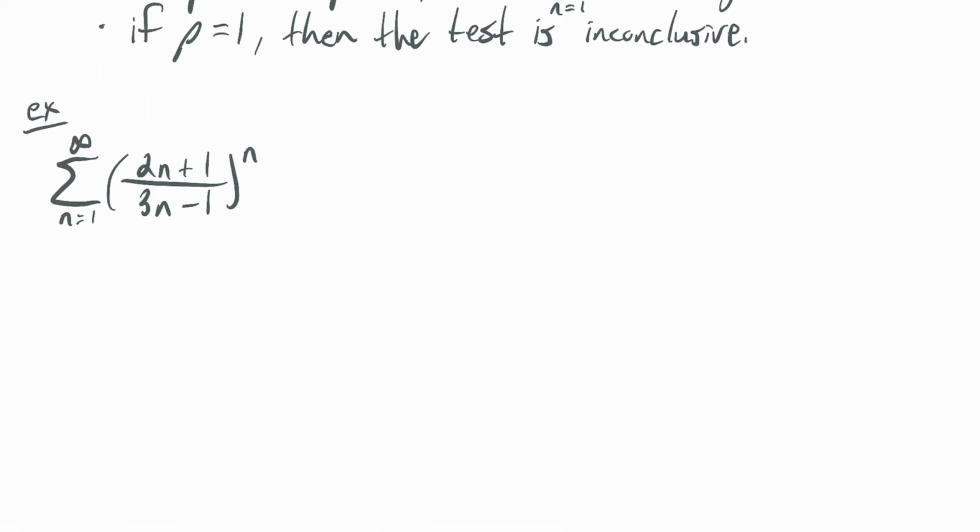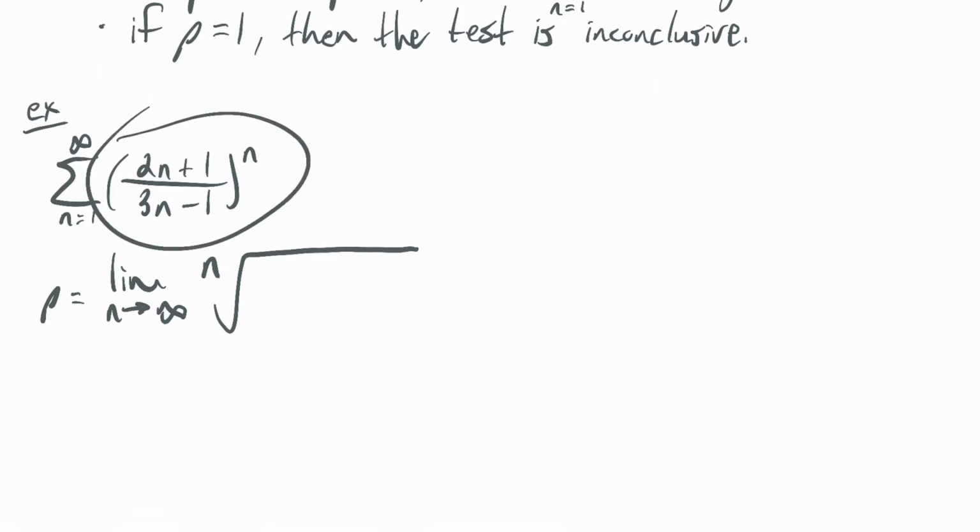So rho equals the limit as n goes to infinity of the nth root. And I noticed that these terms are all positive anyway, so I don't need to worry about absolute value in this case.